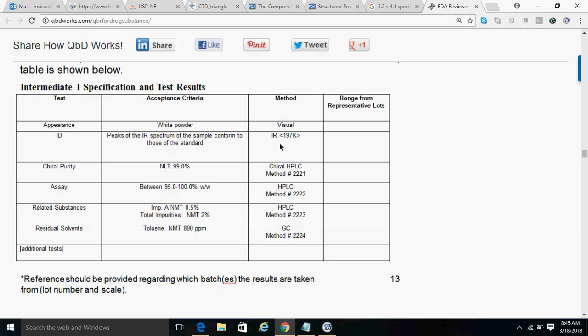Okay. Do you see the specification and test results here? For example, what tests were performed, like appearance, which is white powder. Usually your drug substance is checked visually, whether it is white powder or not, and what the range is and what your answer is. ID stands for identification test. IR peaks and other peaks were observed.